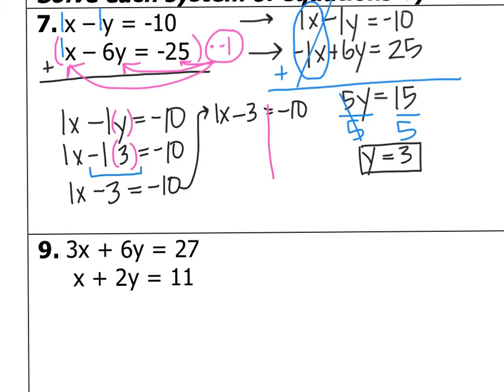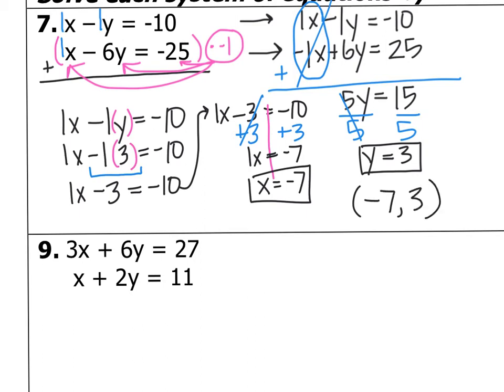This is a two-step equation I can solve just like I have been doing since pre-algebra. Add 3. 1x is equal to negative 7. You could divide by 1 if you wanted to, but you would end up with x equals negative 7. So my final answer, negative 7, comma 3.